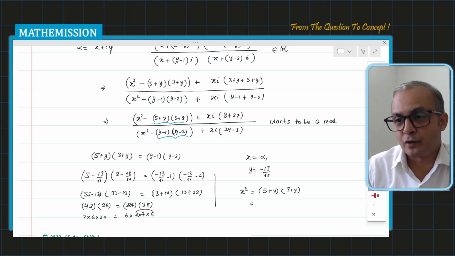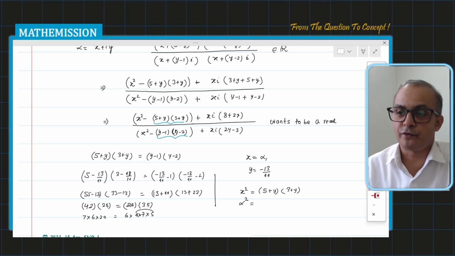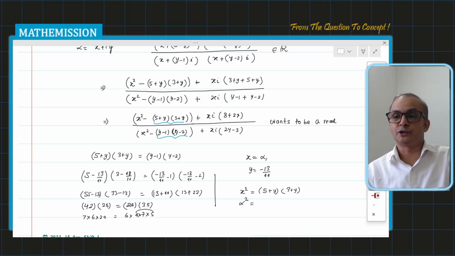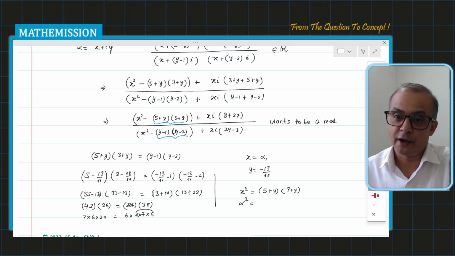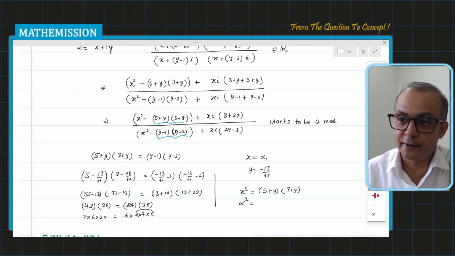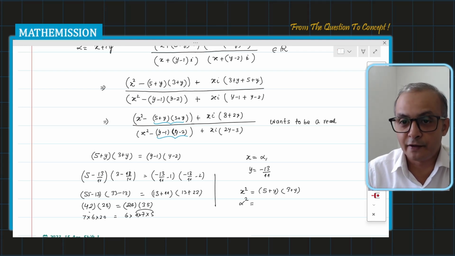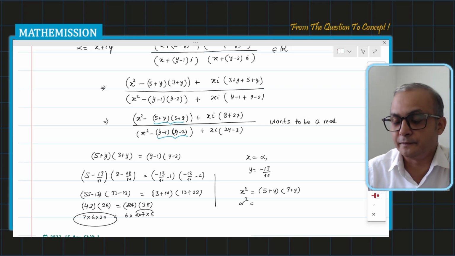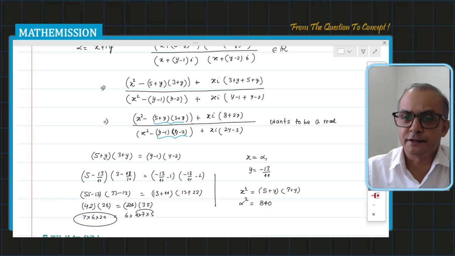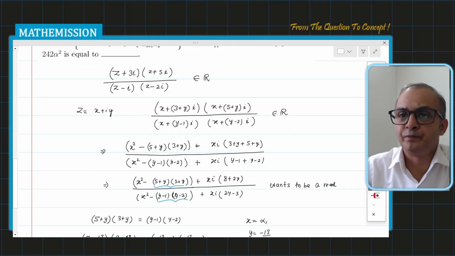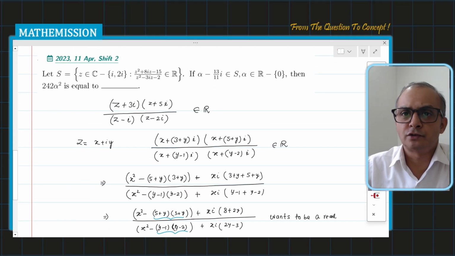So we got alpha square is equal to 5 plus y into 3 plus y on what number? On this number, minus 13 by 11. And minus 13 by 11 we have already found here. That was going to be 840. So 242 into alpha.